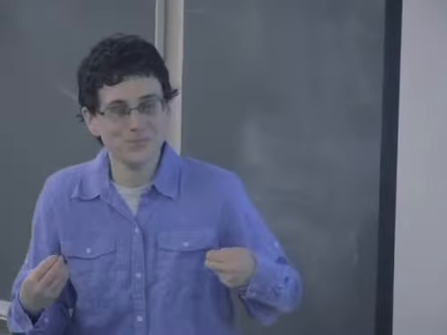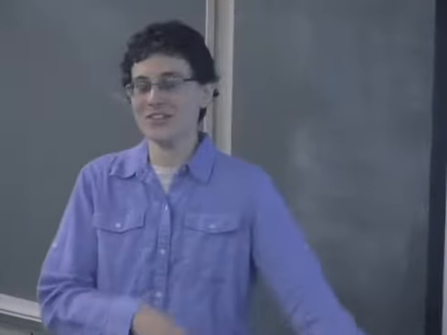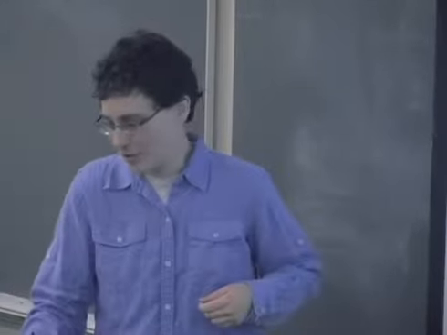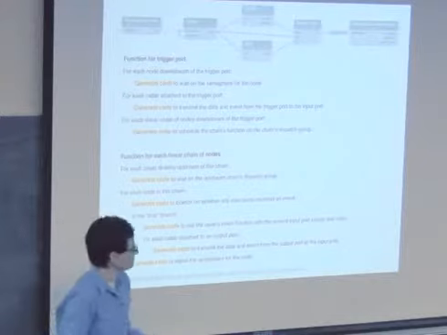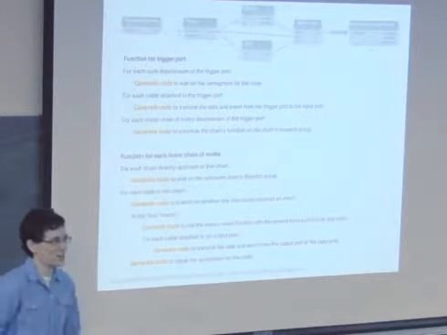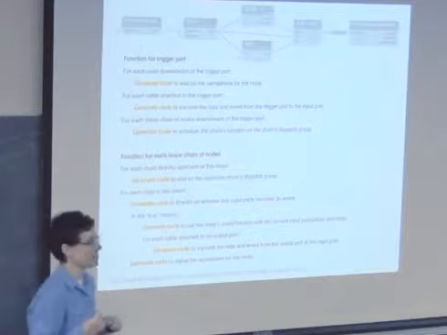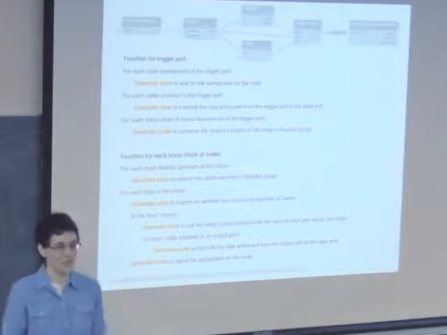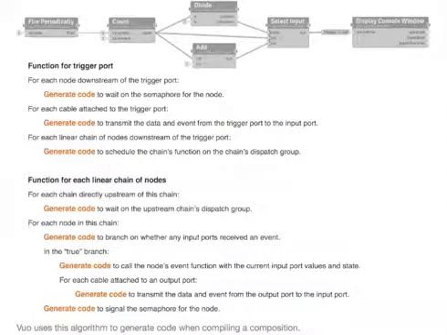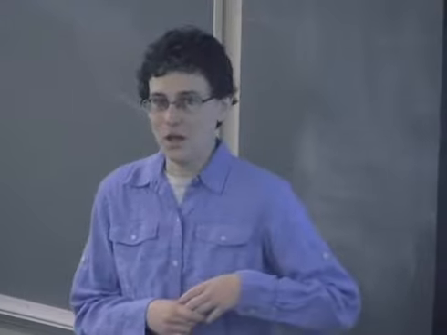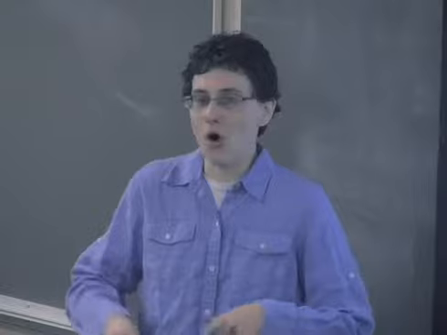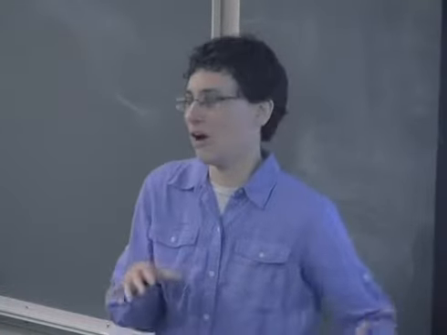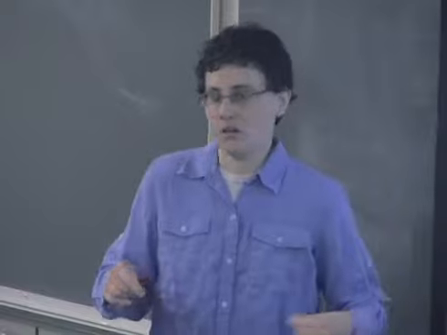Okay. Now, if we take a step back, how do we generate this code? What is the algorithm for the compiler? Well, it's pretty similar to what I just talked about, except everything is a step back. So instead of doing things directly, we're generating code to do things. So generate code to wait on semaphores, generate code to transmit data along the cables, etc. Since it needs to handle all types of compositions instead of just that one composition, we need to handle special cases.